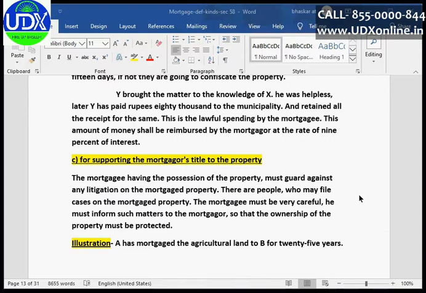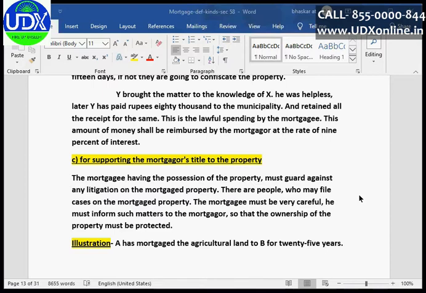So when the mortgager fails to take care, when the mortgager fails to spend the money in protecting the property in the court of law, or when the mortgager is not having the ability to protect the property, then it will give a right to the mortgagee to spend the money in the court of law and to protect the property and to protect the ownership of the mortgager.